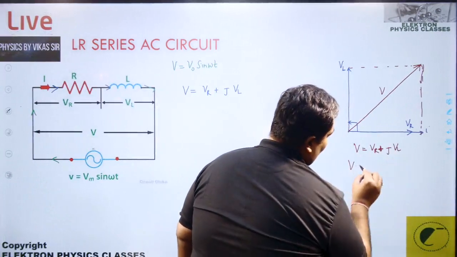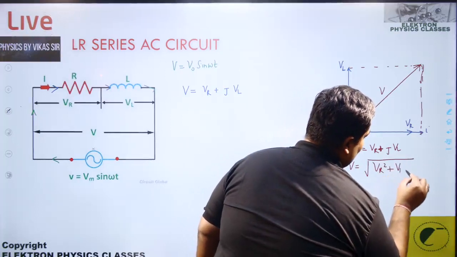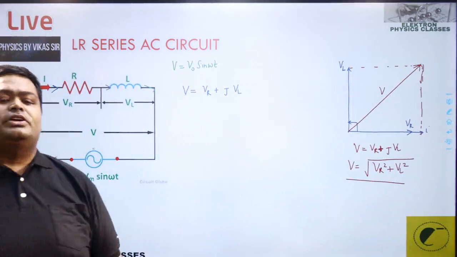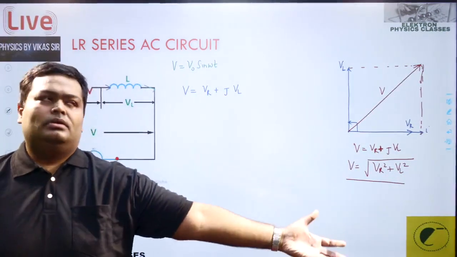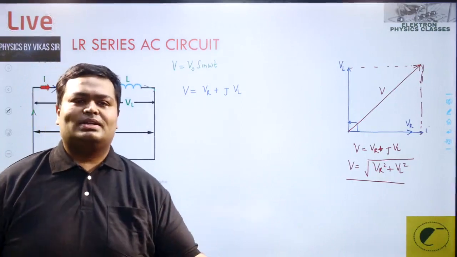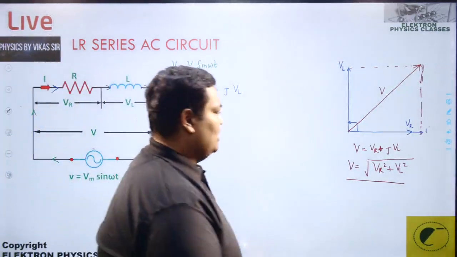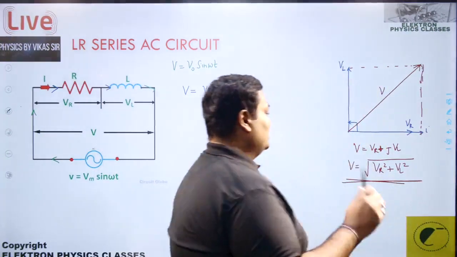So the value for the V will be root of VR square plus VL square, and you can think of it mentally as a vector addition. But it is actually a phasor addition. And that's what we have learned. That's root VR square plus VL square.